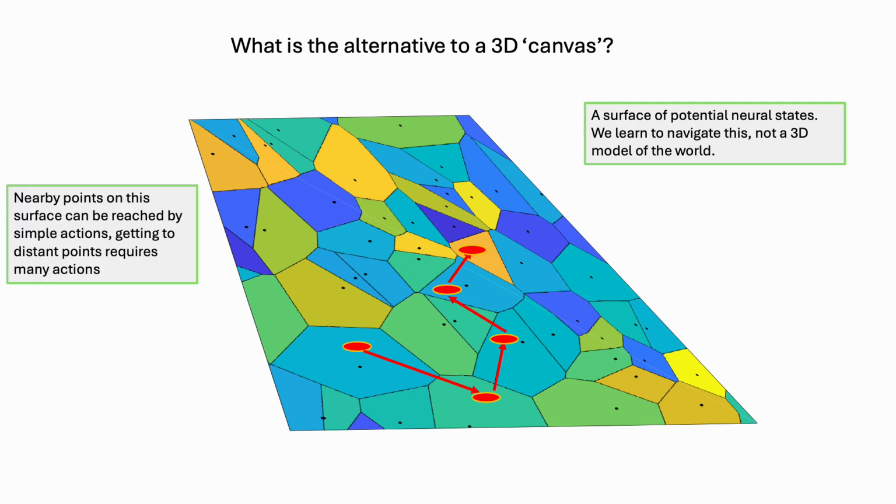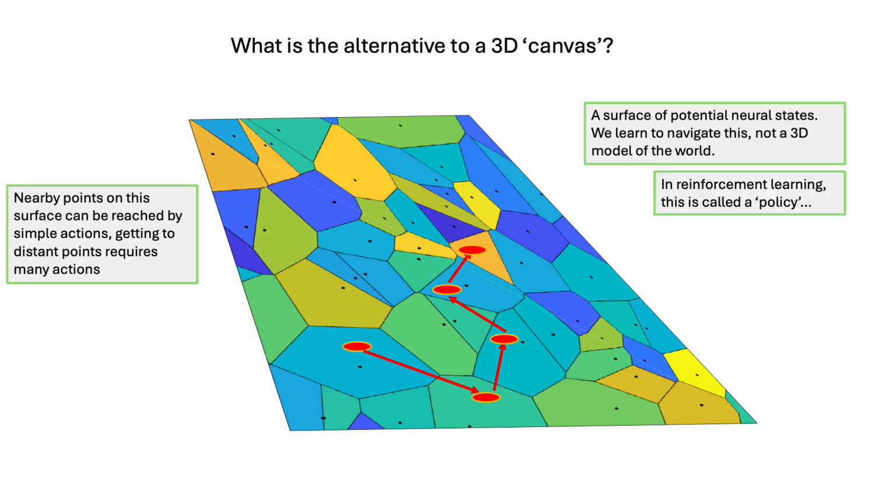So nearby points on this surface can be reached. I'm not going to define the coordinates of this space, but to say that nearby regions can be reached with simple actions. And if you want to get from the current place on that space to something far away, you're going to need quite a lot of actions.